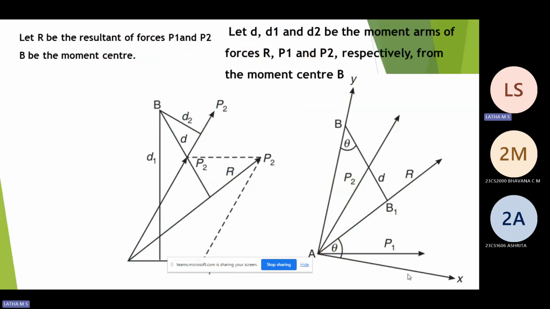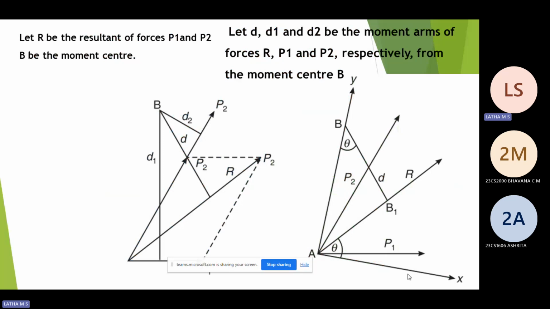I was talking about this. You find a number of forces F1, F2, F3, etc., many forces, some not meeting at a point or some meeting at a point. In this case, we are showing that all the forces are meeting at a point. P1, P2 are the two forces which have been considered, and we have to calculate the resultant.